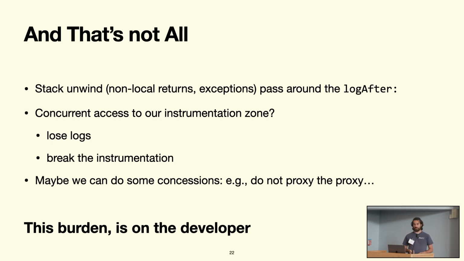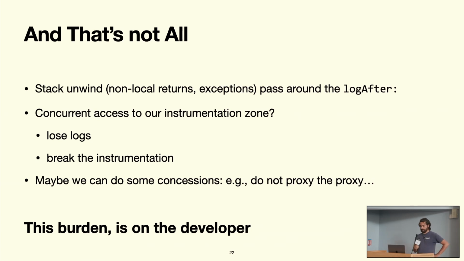You also have to think about concurrent access to your object. If the proxies are shared between different threads, suddenly that will break everything. Maybe we can make some concessions to simplify the model, like we cannot proxify the proxy and wrap methods in the instrumentation. But again, building all this is on you. It's on us, on me.